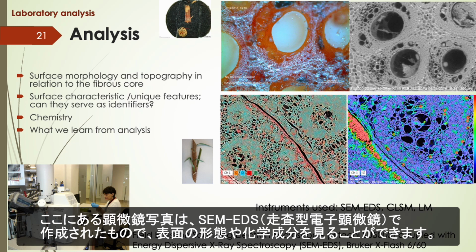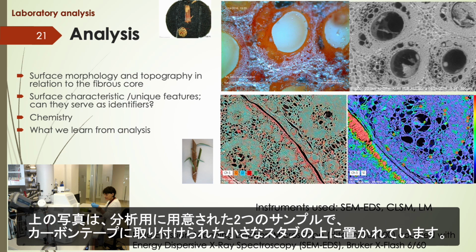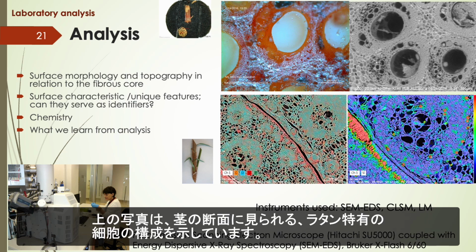And the one on the very right was generated by a scanning electron microscope. You can see me at the bottom left, working on the scanning electron microscope, preparing samples for analysis. How the sample is prepared, you see at the very center, the black round example. This is how on small stubs the samples are attached to black carbon tape and next placed in the chamber of the scanning electron microscope.